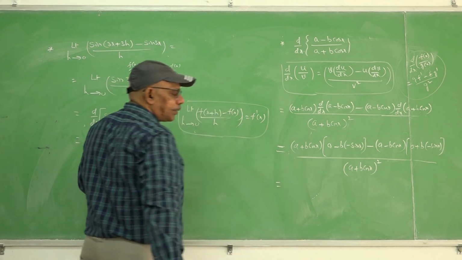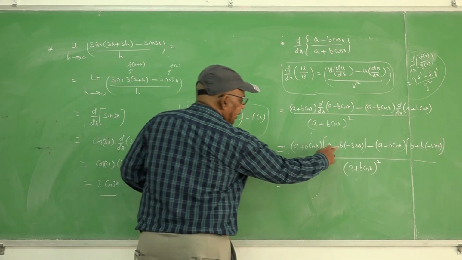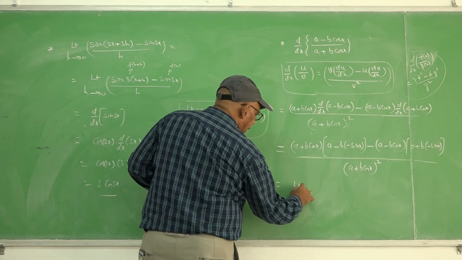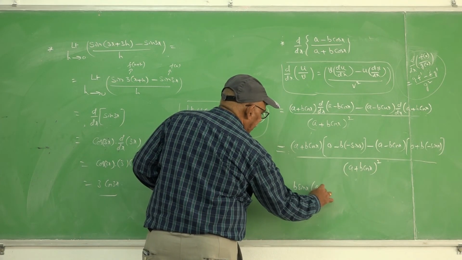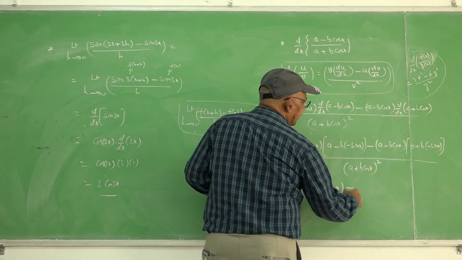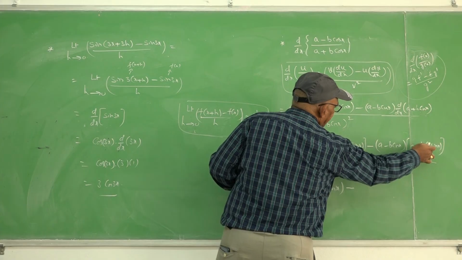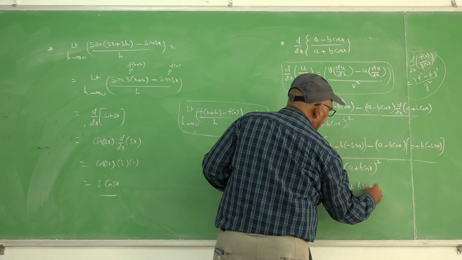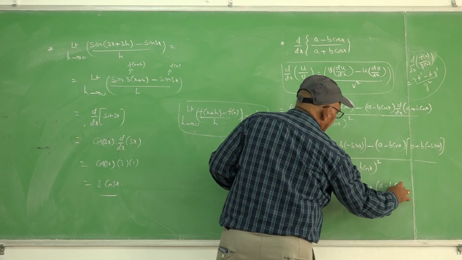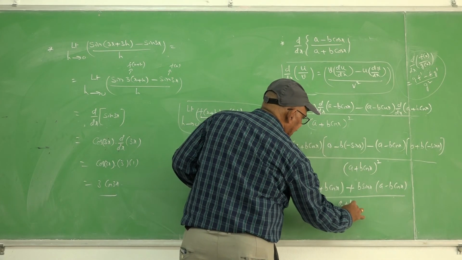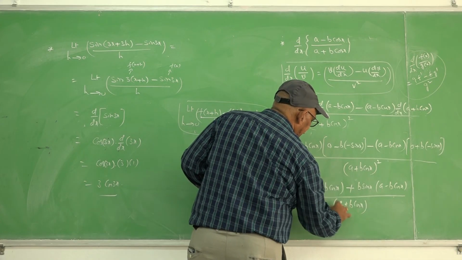So, that is equal to minus b into minus sin x, that is b sin x. So, b sin x into (a plus b cos x), minus, here it is minus b sin x, minus of minus is plus, plus b sin x multiplied by (a minus b cos x), by the denominator square, (a plus b cos x) whole square.